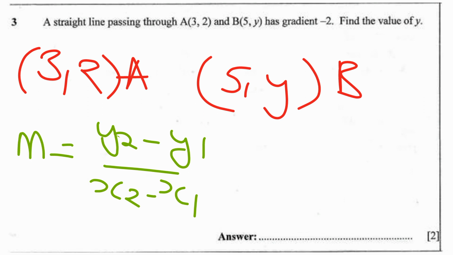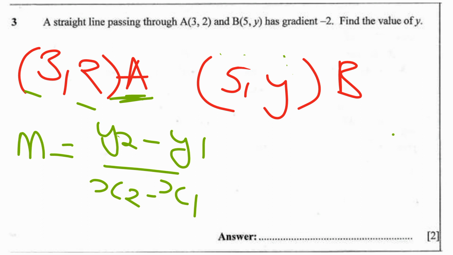Now that we have this formula, we can assign these two coordinates to the variables that we have put in our formula, which are y2, y1, x2, x1. So we'll say this is two coordinates with variables. When we say this for point A, we mean that this is x1 and this is y1.